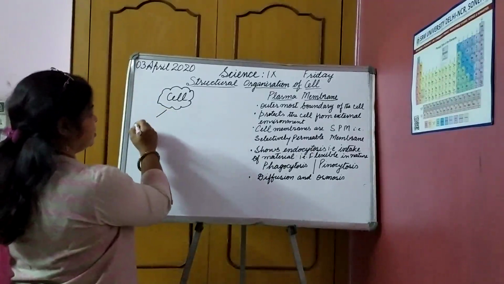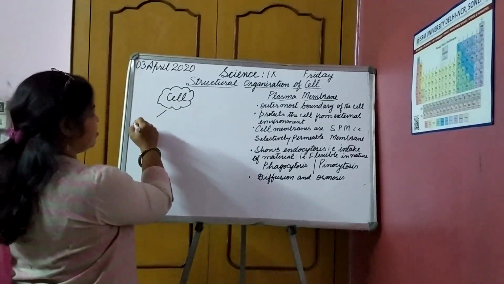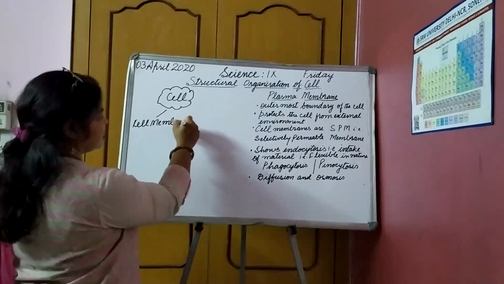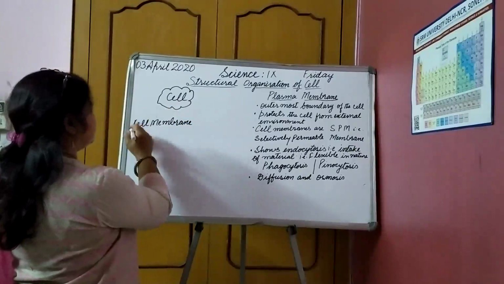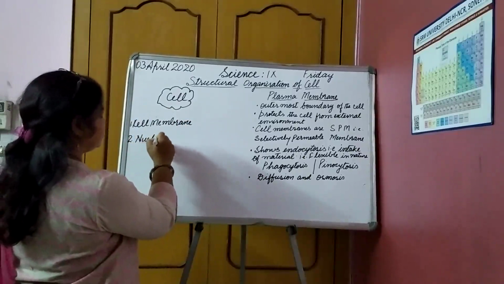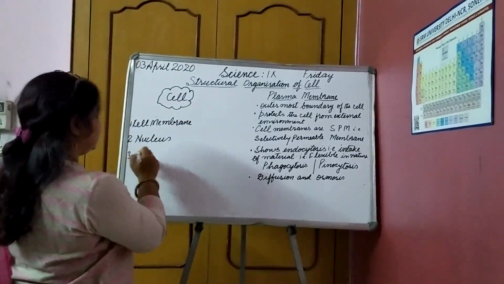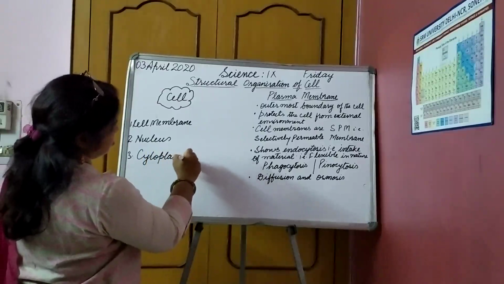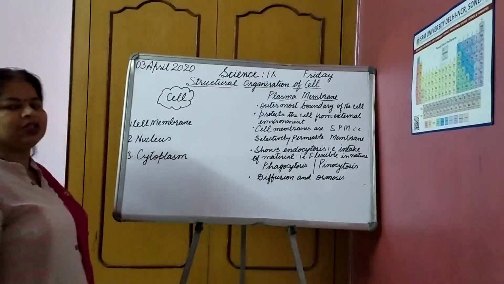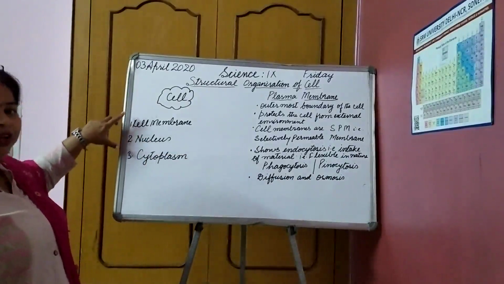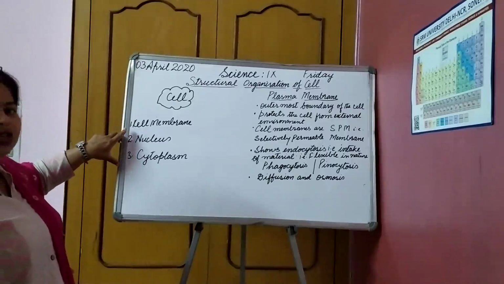The first is the cell membrane, second is the nucleus, and third is the cytoplasm. This is the structural organization of the cell. That is, the cell is made up of the following three structures.